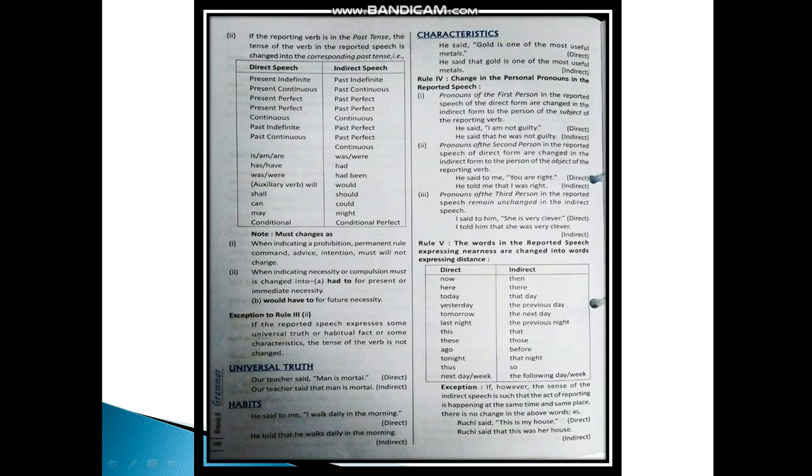Like for example, he said I am not guilty, so he said that he was not guilty. Obviously, जब हम बात कर रहे हैं he की कि he अपने बारे में कुछ बता रहा है, that person, okay, जो pronouns of the first person अगर I यूज़ किया गया है तो वो किस में चेंज हो जाएगा, जो पर्सन ऑफ द सब्जेक्ट है। ठीक है, यहाँ पे जो रिपोर्टेड स्पीच में आई है, that is the first person, वो किस में चेंज होगा, जिस जो भी पर्सन है हमारा सब्जेक्ट में या रिपोर्टिंग वर्ब में। So we will not write I here, we will write he said that he was not guilty.